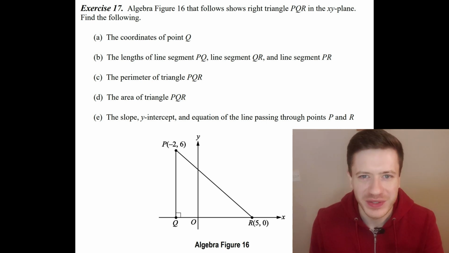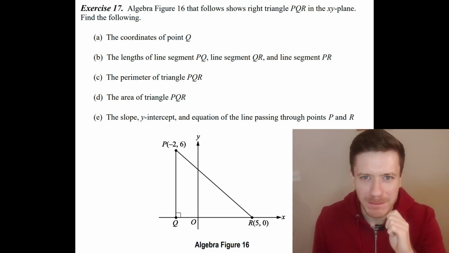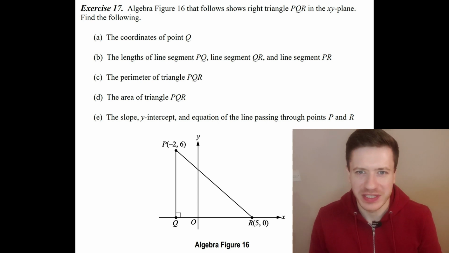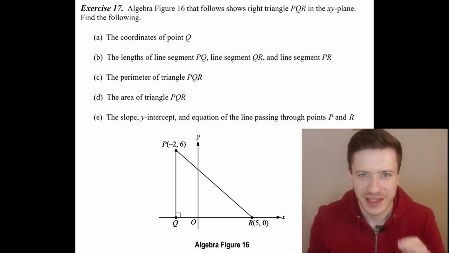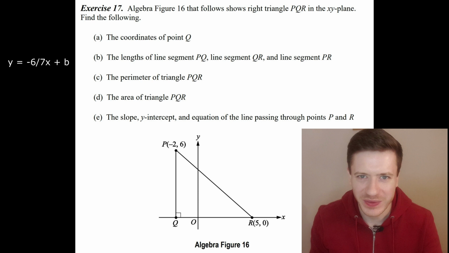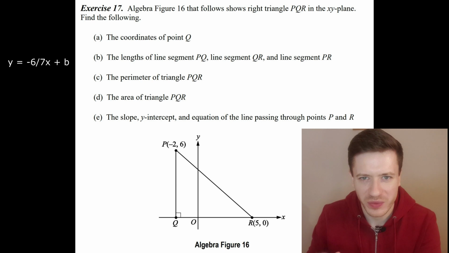That is our slope. Do you remember how to find the y-intercept of the equation of a line if it's not obvious visually from the graph? Massive brownie points to you if you said you write out the y equals mx plus b and then insert one of the coordinates. The equation so far is y equals -6 over 7x plus b, and we don't know that plus b. And we're going to work it out by replacing the x and the y with one of the coordinates.